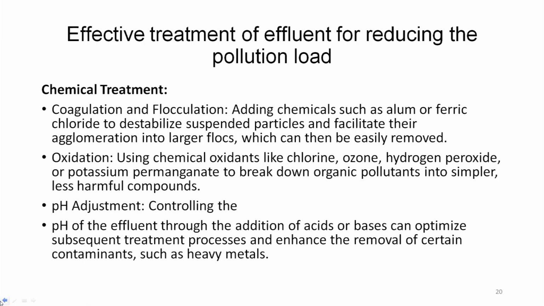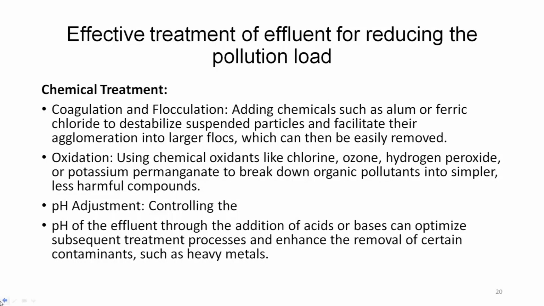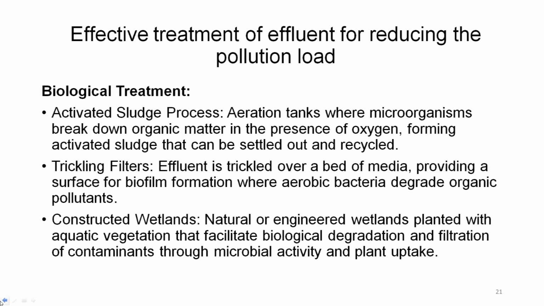Now, let me tell you here that if pH adjustment is not done before biological treatment, there is a possibility that the microbes that are kept in the biological treatment reactors can die at very high or low pH. So, therefore, pH adjustment is also very much required in order to reduce the pollution load.